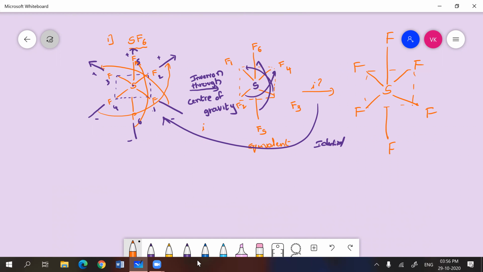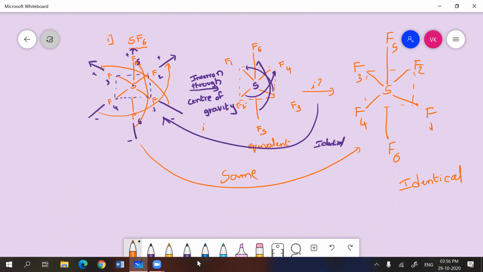Now you see, initially before this operation F5 is here. Now it becomes F6 and here it is F5. Now this is F2 and this is F4. Now here it is F1, and this is F3. Now you see these two are the same. These two are the same. That is the reason why they are said to be identical.